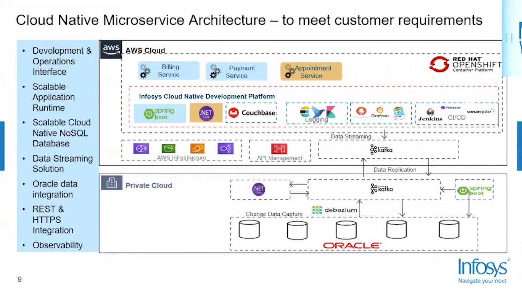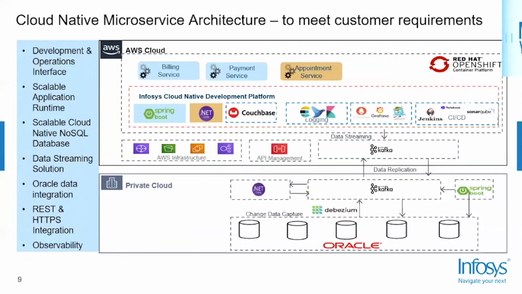We came up with a hybrid cloud model to ensure that the legacy infrastructure and legacy applications will be able to talk to the cloud and to the digital layer or third-party partners and so on.